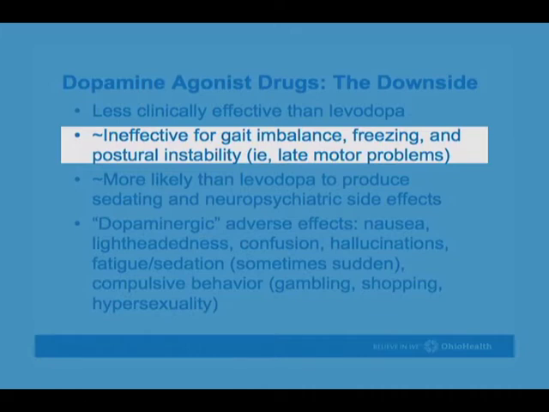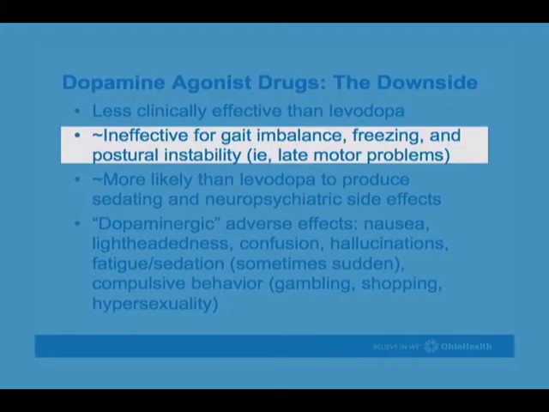Just like other dopamine agents, the medication is not as helpful for balance problems, freezing, and postural instability, so the ability to make quick corrective maneuvers if you get knocked to the side or off balance. These are features that go a bit beyond the dopamine system, and so this is where the exercise, the physical therapy, and the training of your brain to work around the dopamine system really helps.